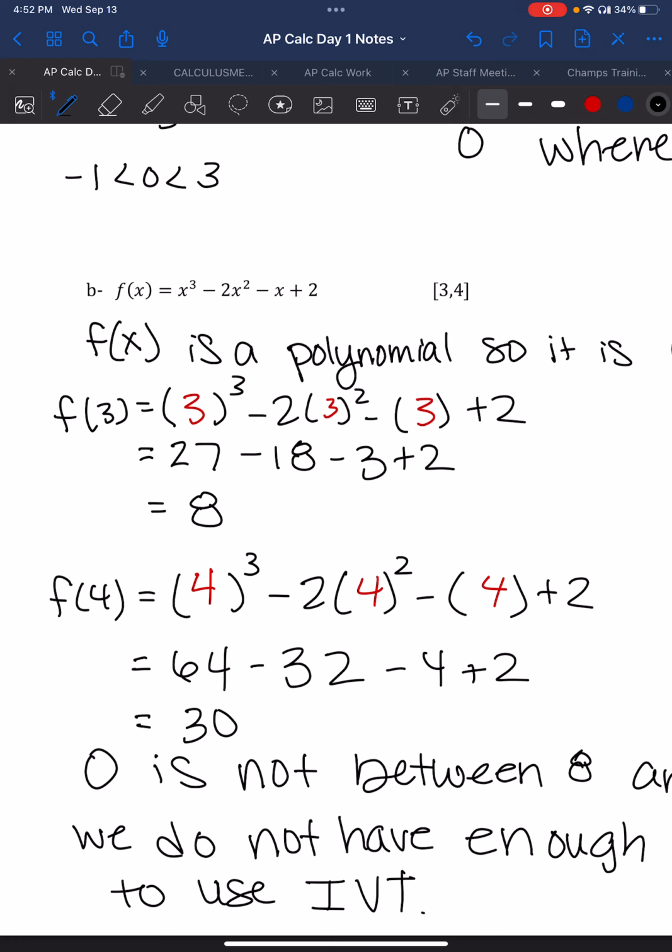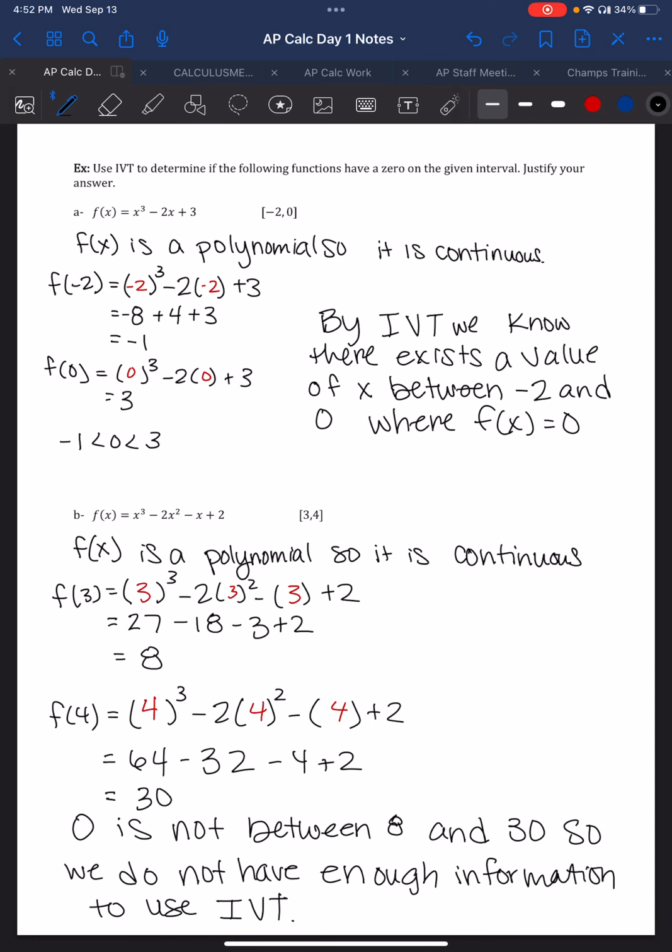This is kind of what IVT is used for, just deciding if something exists or not. It's not finding what it is. We didn't actually figure out any of the x values that would make these things occur. We just figured out if we could figure it out.